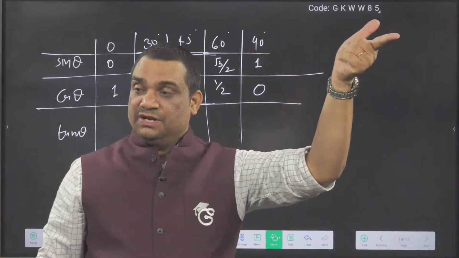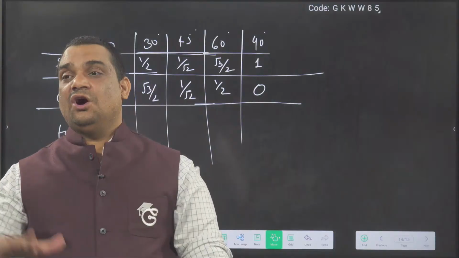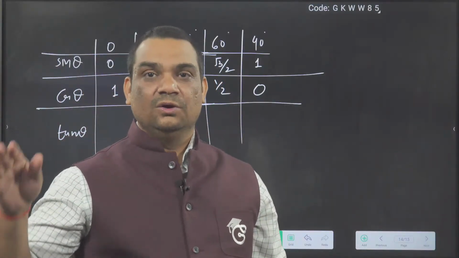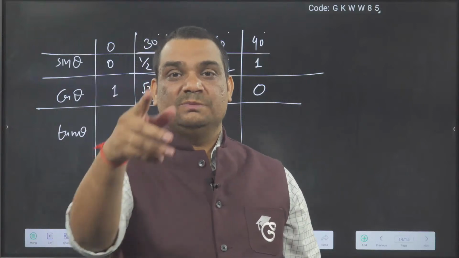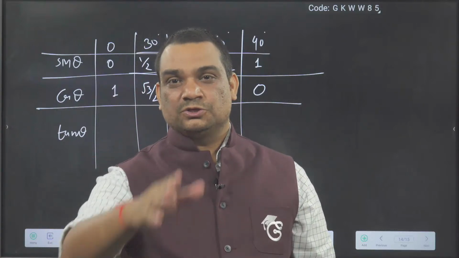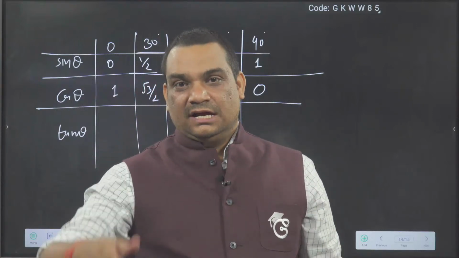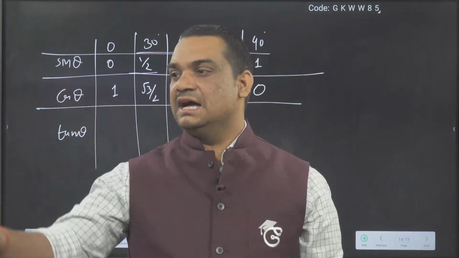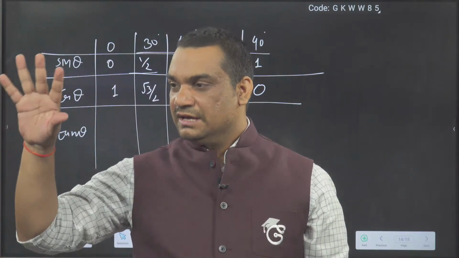Then after that we should be able to find all possible angles. Whatever angle is coming to your mind, you should be able to get the value of that. There should not be any angle that you are thinking of and are not able to solve. You should be able to guess the answer. ASTC will be there.